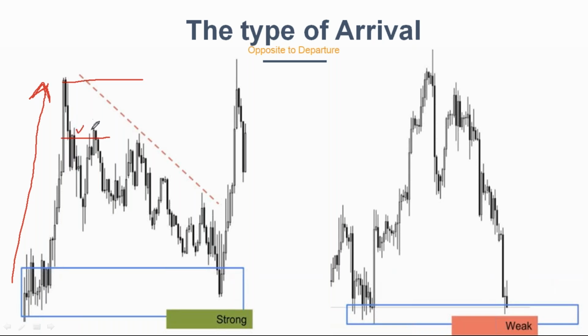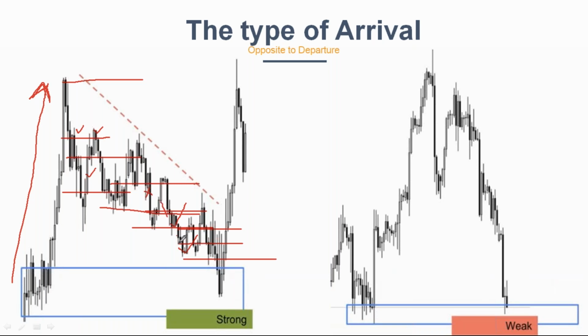It got tested. Then rally, base, base, base. This is a gap. This also got tested. Drop, base, base, rally. This is a base. This got tested. Drop, base, base, rally. This got tested. Drop, base, drop. This is a zone. This also got tested. Like that, every zone is formed.